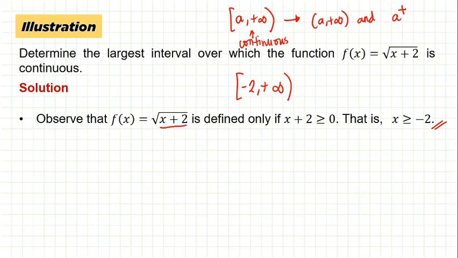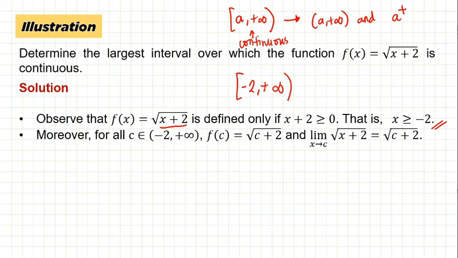So first, let us check for those values from a to positive infinity. Our a is -2. And we can only say that the function is continuous at this interval if sa lahat ng points inside this interval, the function is continuous. So in this case, kukuha tayo ng points inside the interval at dapat lahat ng points yon. So that's why we have here for all c.